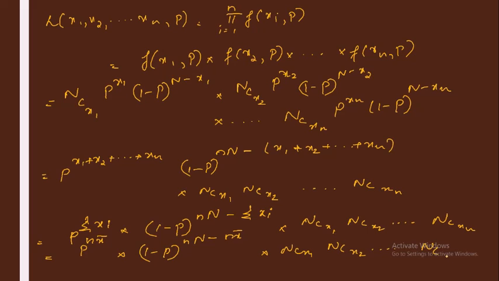Now what is it that you are inferring from here? You can see clearly that this is L1 and this can be stated as L2. So we can say that this is equal to L of T, p, where T is equal to x bar, L1, multiplied by L2 of x1, x2, etc., xn.